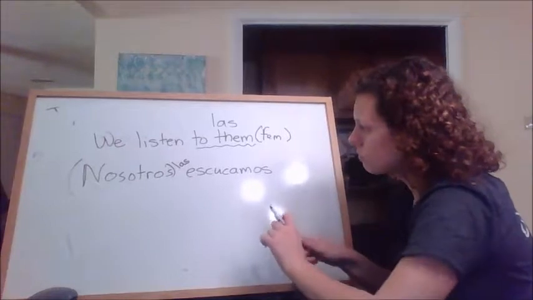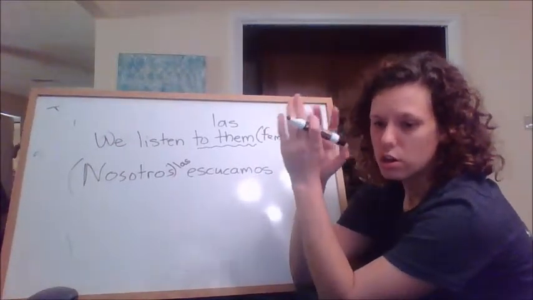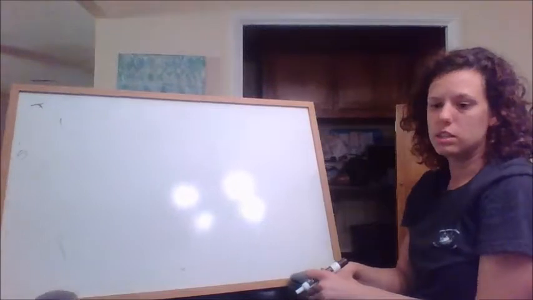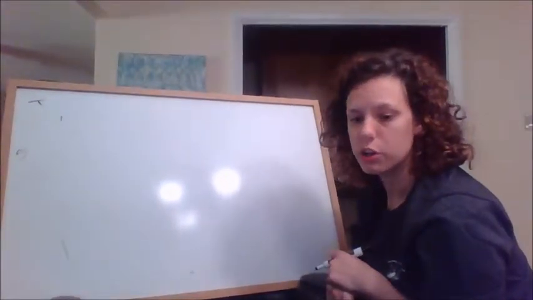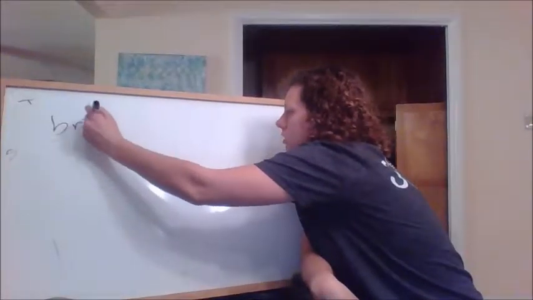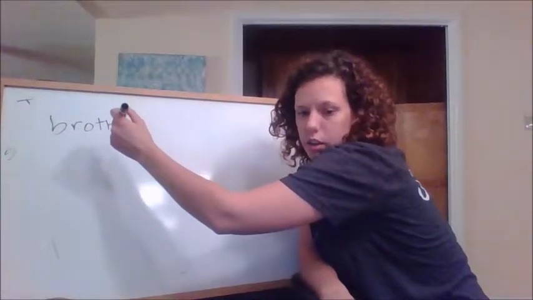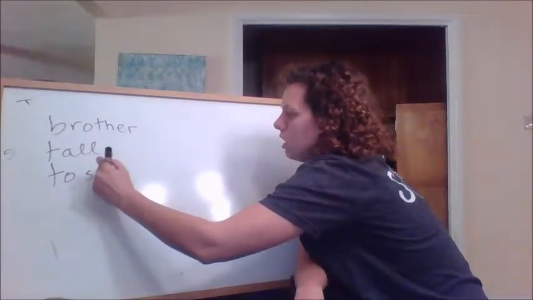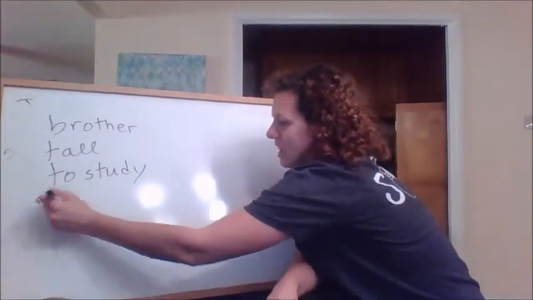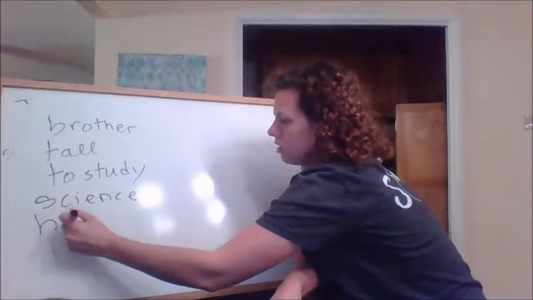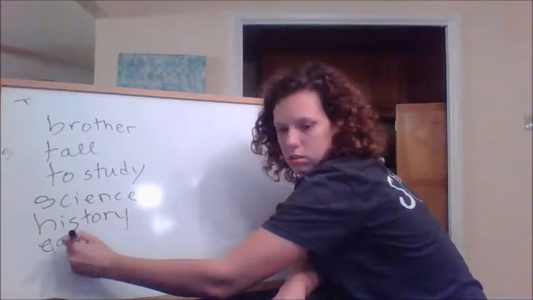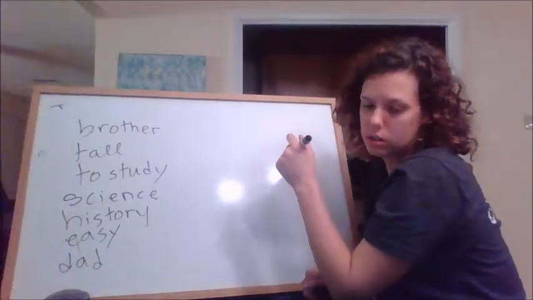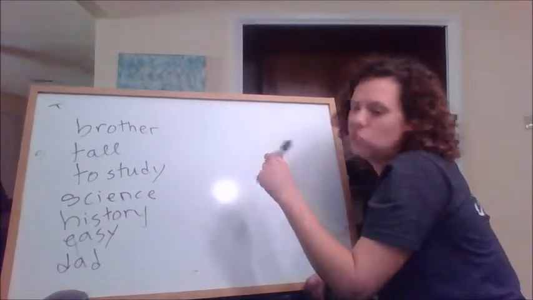Okay? All right. So some of the vocabulary words that you're going to need to know for this section are brother, tall, to study, science, history, easy, dad, nice.